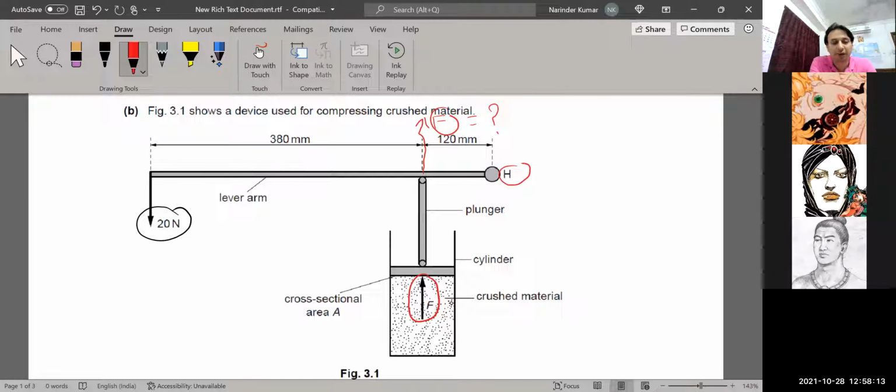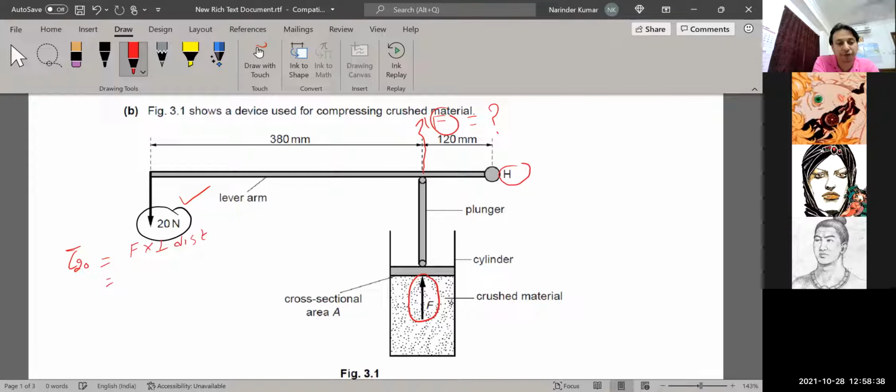Now here, look at the force acting, the 20 Newton force which is acting to the left side of the lever arm. And if I apply the concept of moment, means if I find moment due to the 20 Newton force, this will be the equation: force multiplied by the perpendicular distance.